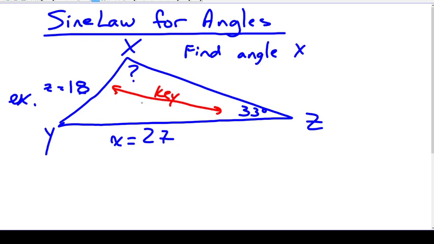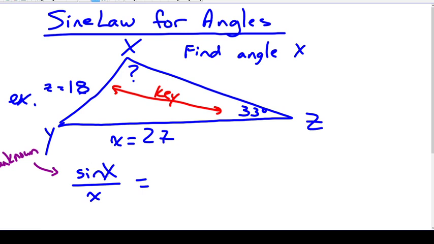Well, we're going to follow what I had said before, that your unknown always goes in the top left. Well, my unknown in this case is angle X, but angle X has to always be next to sine in the equation. So what we're effectively going to do is flip our sine law upside down.